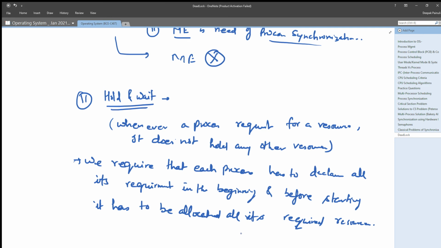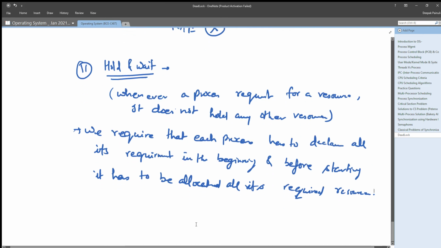After declaring its resources, it can start execution of its task only if it has been allocated all the required resources which it declared in the beginning of the execution. But there is a problem in this case.